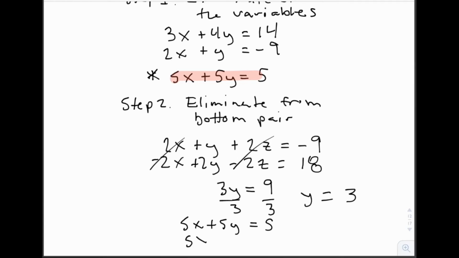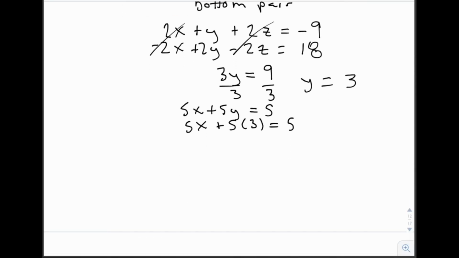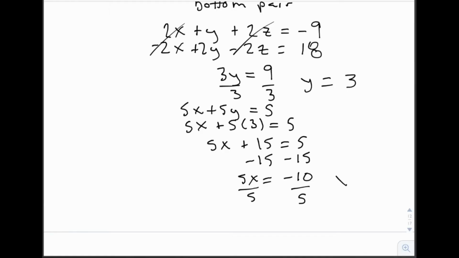That gets us 5x plus 5 times 3, which is equal to a positive 5. Simplifying a little further, we are left with 5x plus 15 is equal to 5. Let's subtract the 15, and we are left with negative 10 equal to a positive 5x. So divide by the 5, and x is equal to a negative 2.